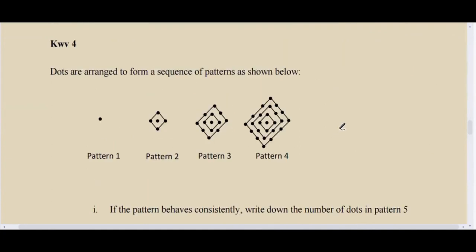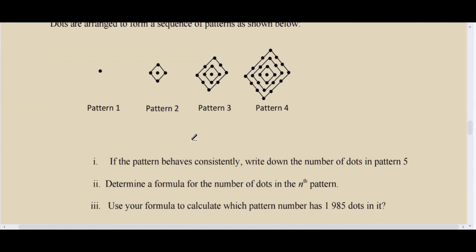Now, number 4 says dots are arranged to form a sequence of patterns as shown below. So we have 1 dot, followed by 5 dots, and then followed by 13 dots, and on and on.